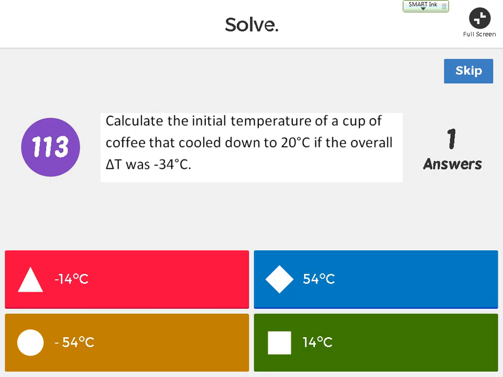Calculate the initial temperature of a cup of coffee that is cooled down to 20 degrees C. The overall change in T was negative 34. This one's not hard math.